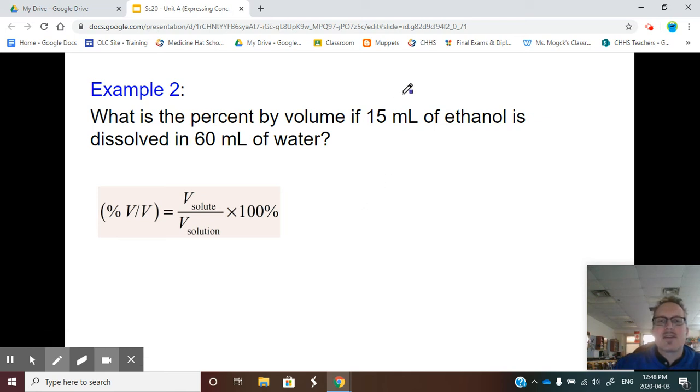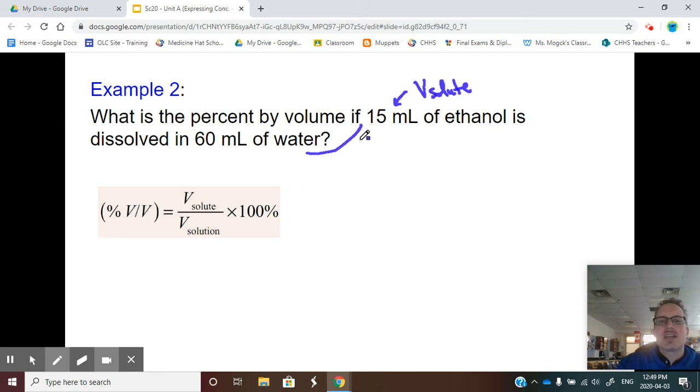Okay, I'm going to go through the answer. Question says, what is the percent by volume if 15 milliliters of ethanol is dissolved in 60 milliliters of water? So I'm dissolving this. This is my V solute. Now, some might think that 60 milliliters is my solution, but remember, this is my total solution. I am mixing 15 milliliters with 60 milliliters.